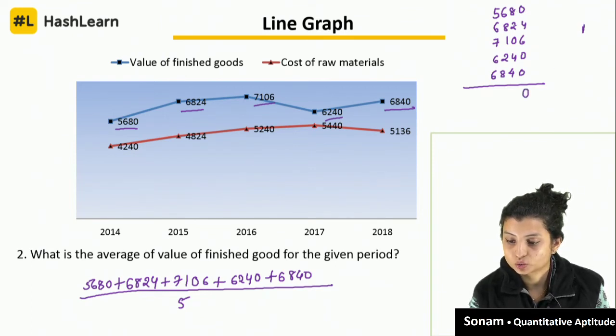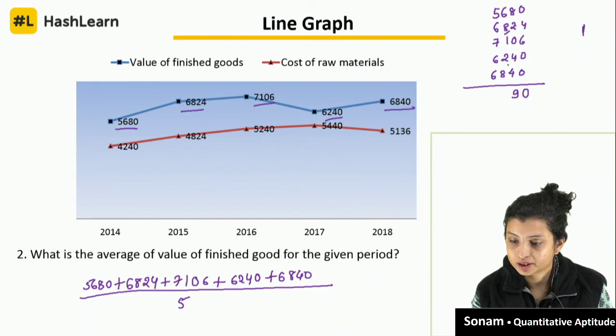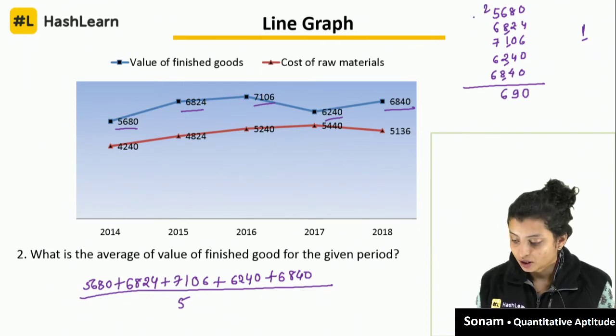So 8 plus 2, 10. 10 plus this 8, 18 plus 1, 19. So 9 here, again 1. Then 8 plus this 2, 10. 10 plus this 8, 18 plus this one, 19 plus this one, 20. 20 plus 6, 26, 2.